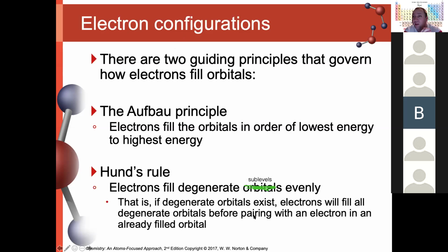Now, what do we mean by degenerate sublevels? Well, let's say that we have a p sublevel. And so in my p sublevel, I've got 3 orbitals, 1, 2, 3. And I want to fill these with electrons.